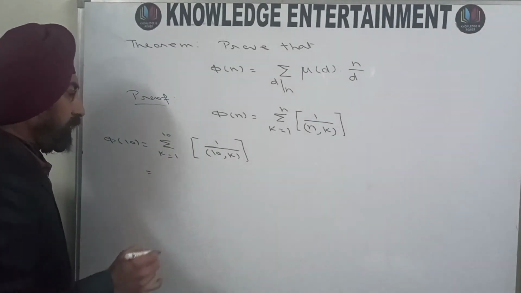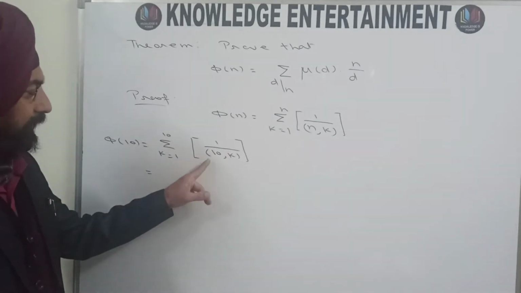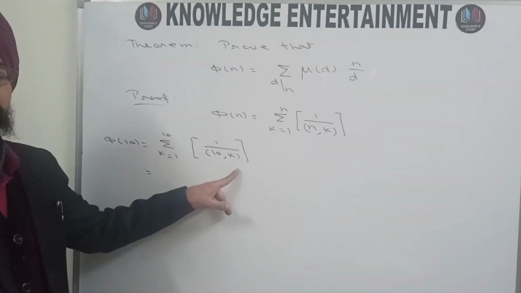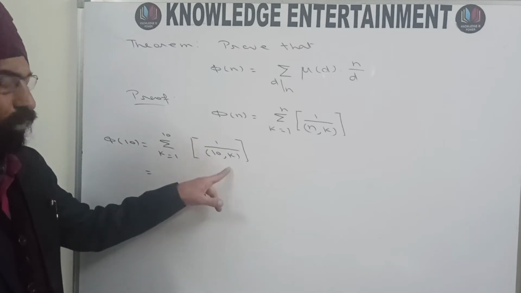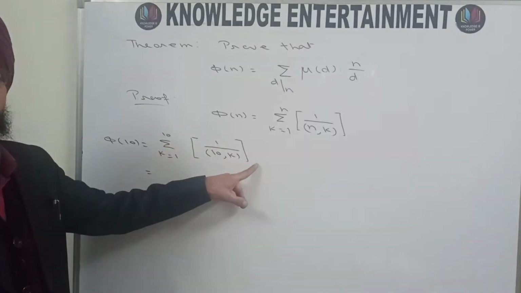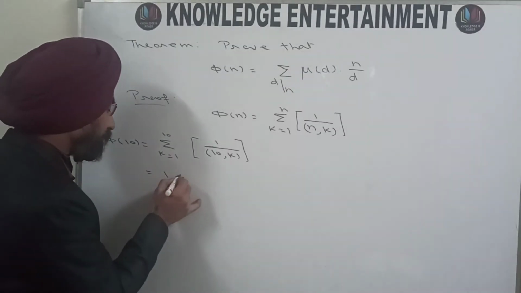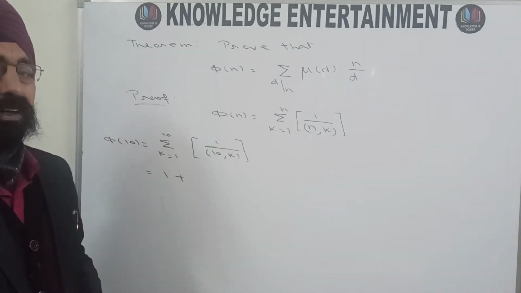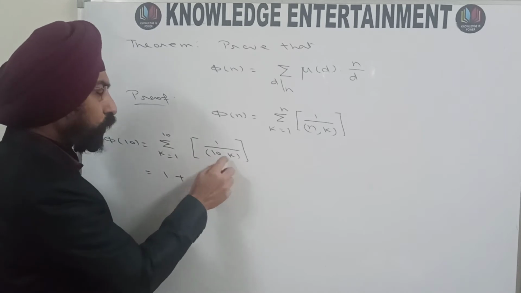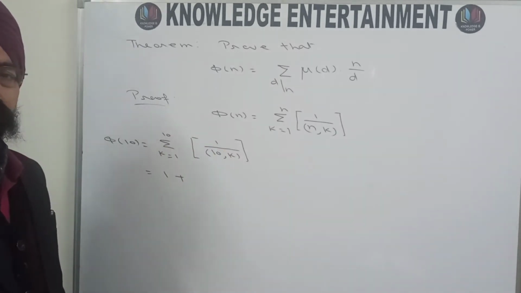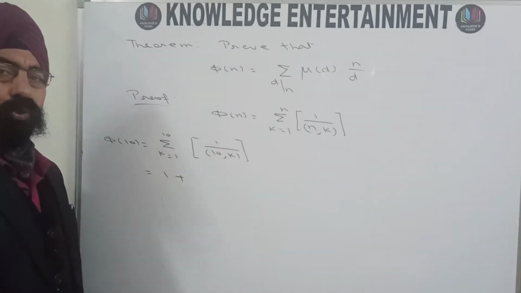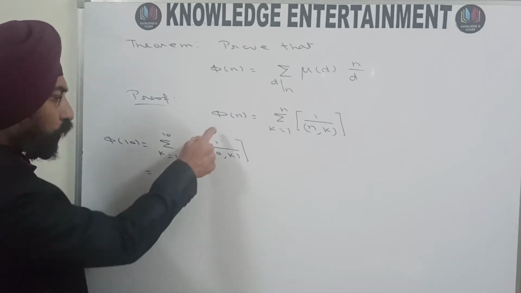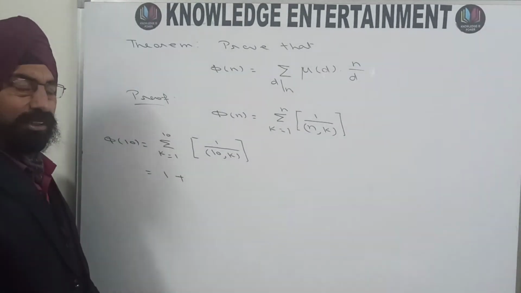If you put here 1, GCD of 10 and 1 is 1. So 1 upon 1 is 1 and the greatest integer function of 1 is 1. So 1 plus. Now put k is equal to 2 here. 10 and 2, GCD is 2. So 1 upon 2 is 0.5 and the greatest integer function of 0.5 is 0.